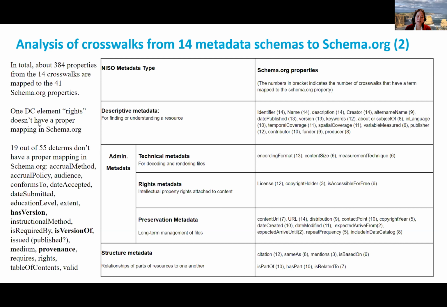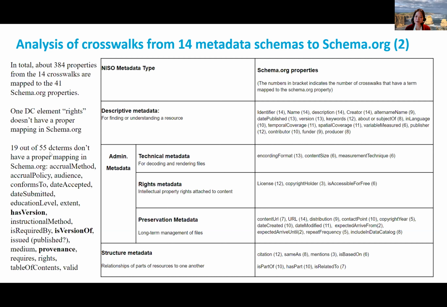So for the Dublin Core elements, 15 elements, we only find that rights does not have a proper mapping in schema.org. People usually in data repositories distinguish rights, license, copyright, access rights, and so on.